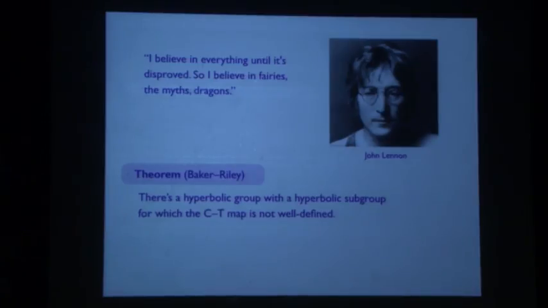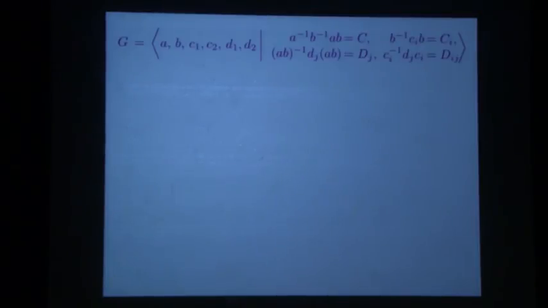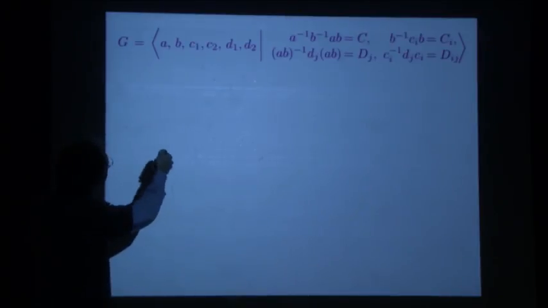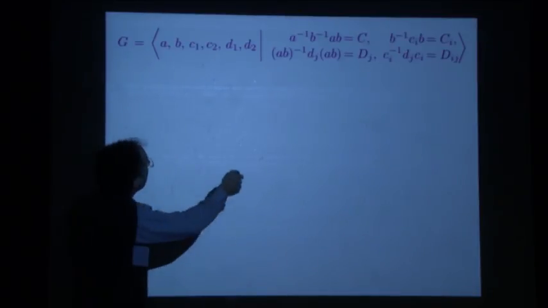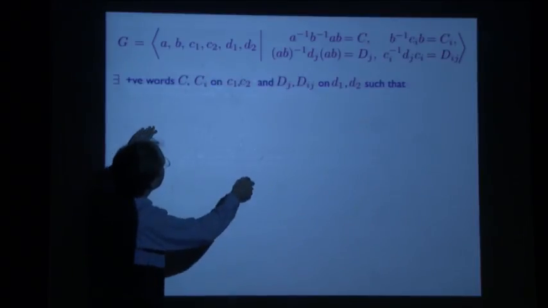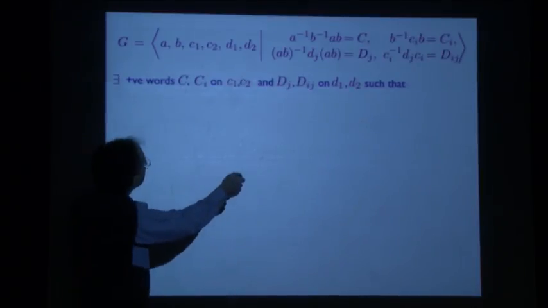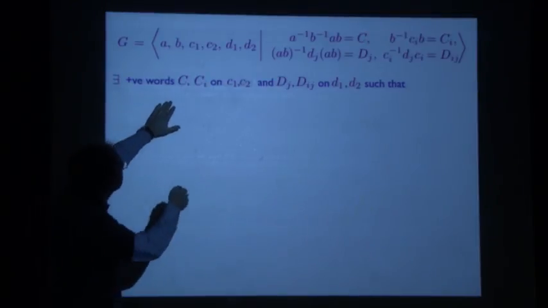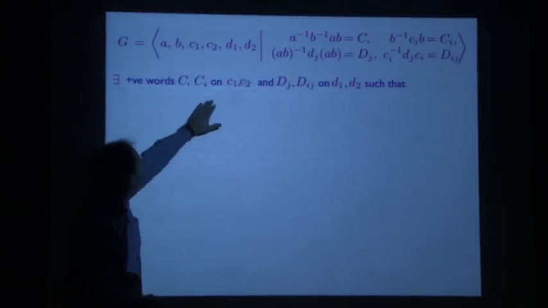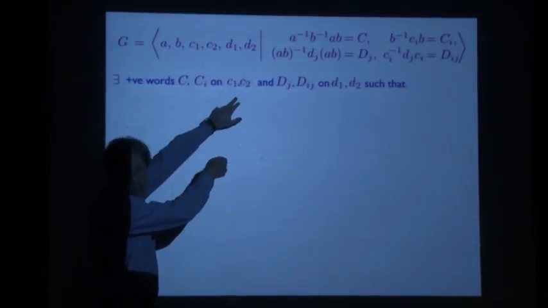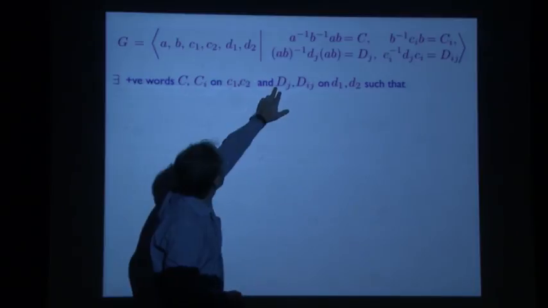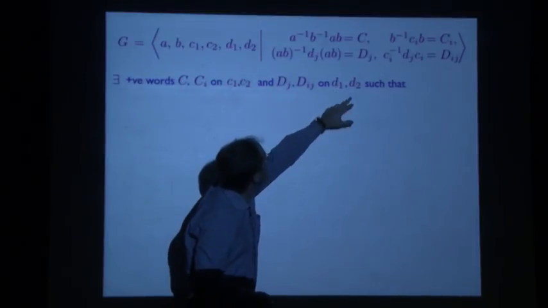Okay, so how do we go about this? Here's the basic example. We've got a group G. Here are 6 generators, and here are the relations. The commutator of A and B is some word C. The capital C's are positive words on the little c's, and the capital D's are some positive words on D1 and D2.